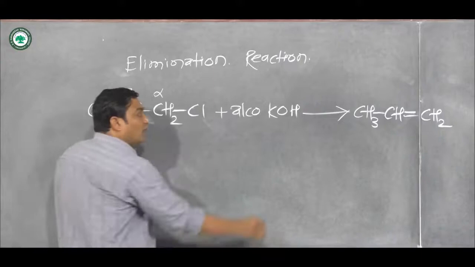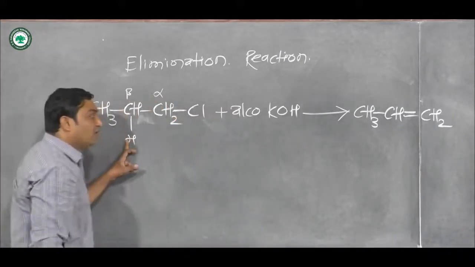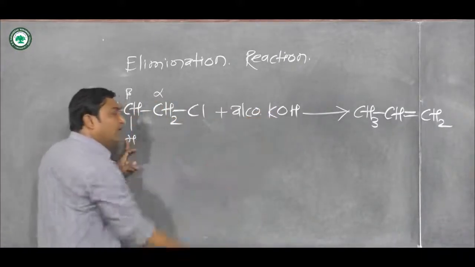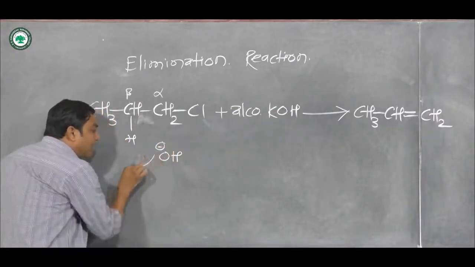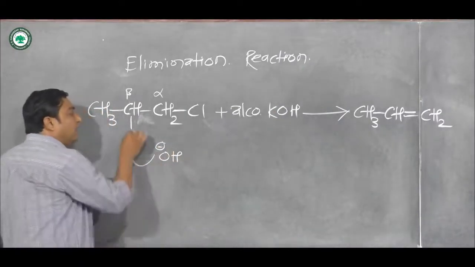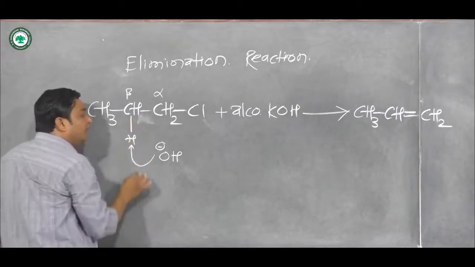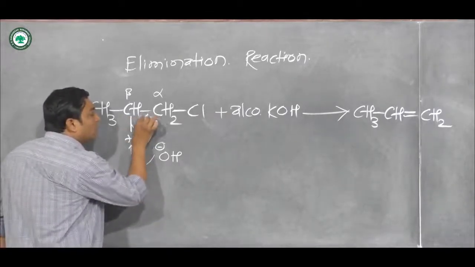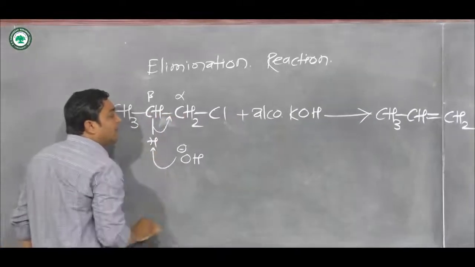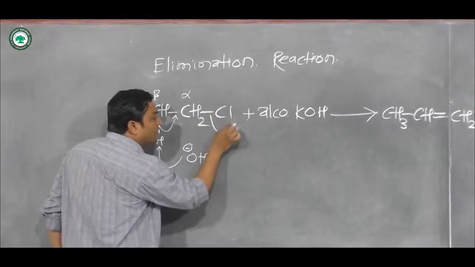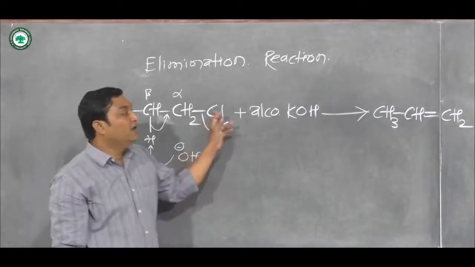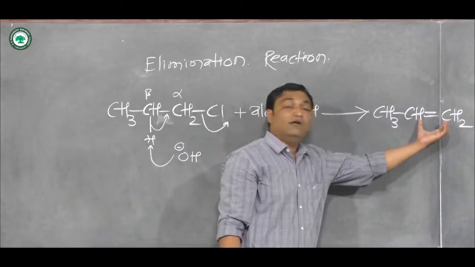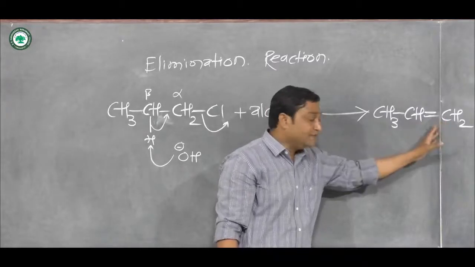This OH negative present in the alcoholic KOH acts like a base and abstracts this proton, and the electrons present in this bond go to the two carbon atoms with the elimination of the leaving group, that is the chlorine atom. In this way, we will obtain 1-propene as a product.